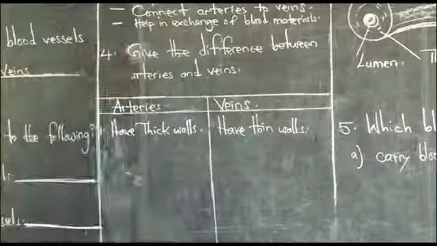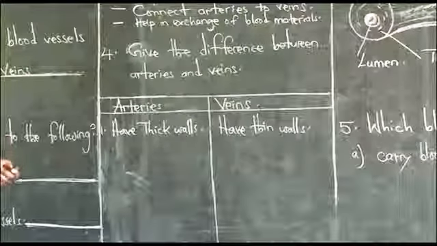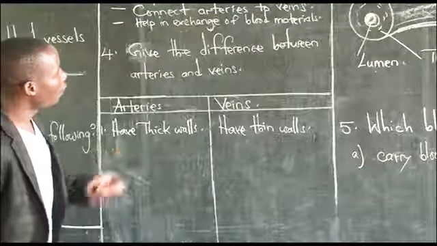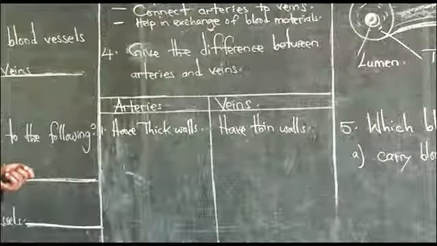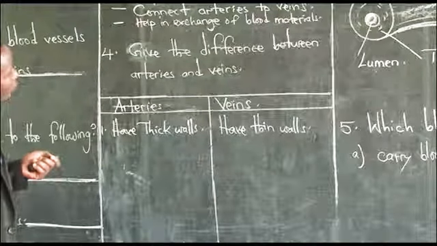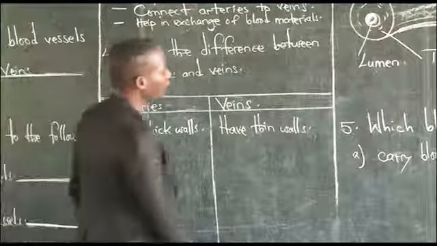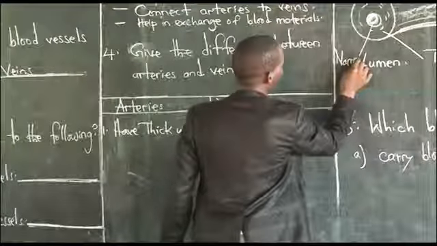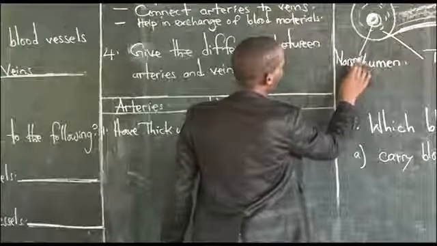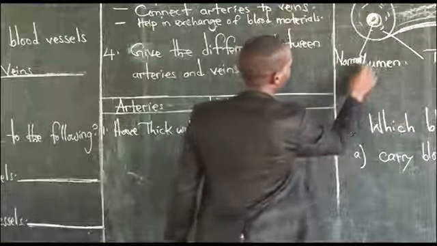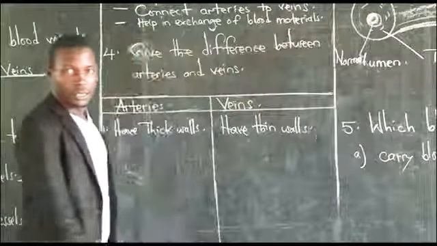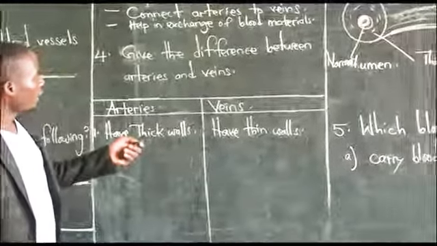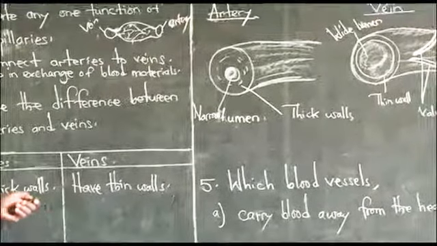The next difference, you can check on the lumen of the artery and the lumen of the vein. Which of them is narrow? So here I can add narrow lumen. That is, if you have to check the size of the lumen of the artery and the vein.